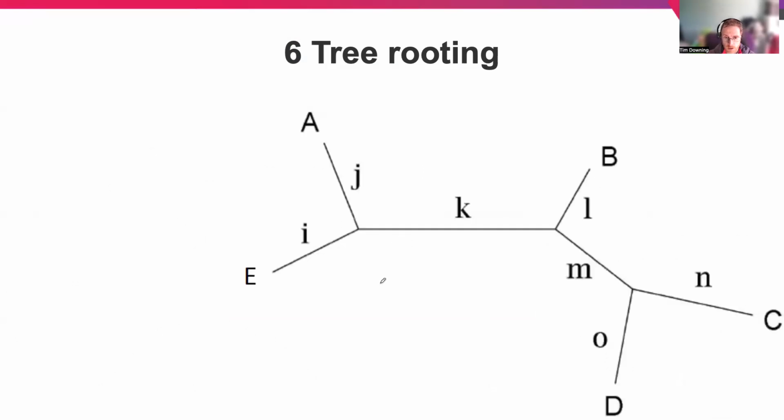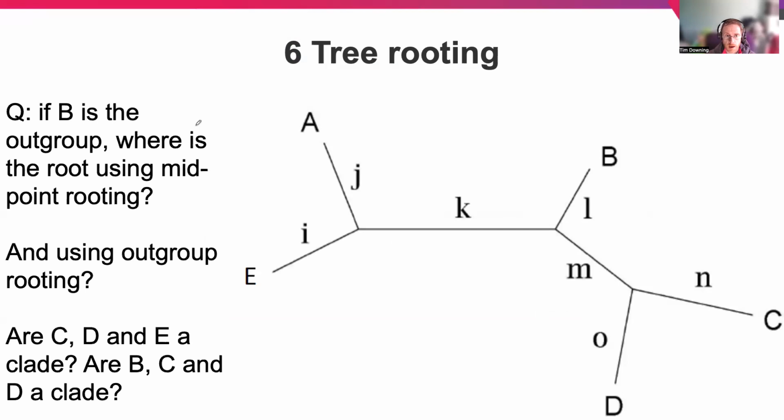Another example here, just a hypothetical tree. We've got nodes A, B, C, D, E. And then we can ask, if B is the outgroup, where is the root using midpoint rooting? C and D seem the same, so it doesn't really make a difference.